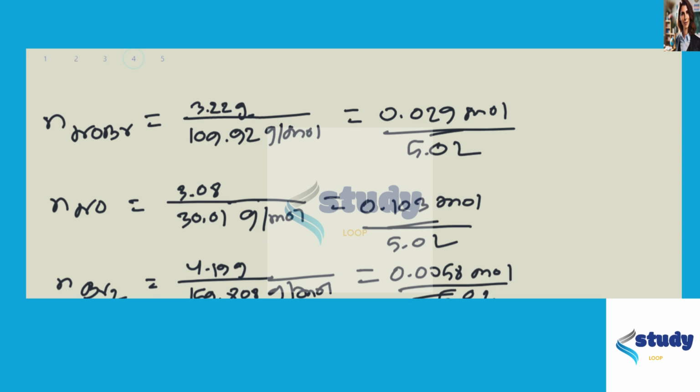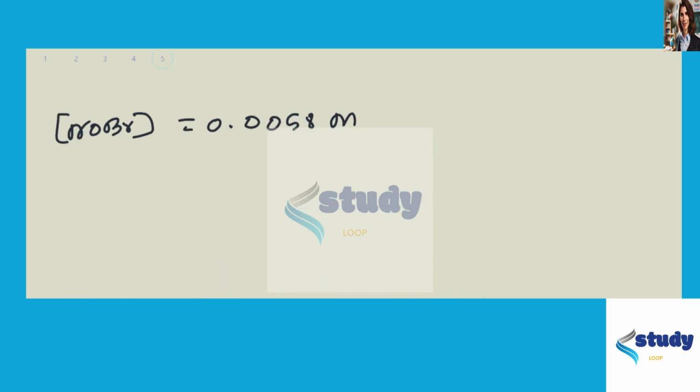For Br2, the number of mole is 0.026 mole. All right, now we are dividing each number of moles by the volume to get their concentration. So the concentration of NOBr will be 0.0058. Then the concentration of NO, by dividing the number of moles by the volume, will be 0.0206 mole.